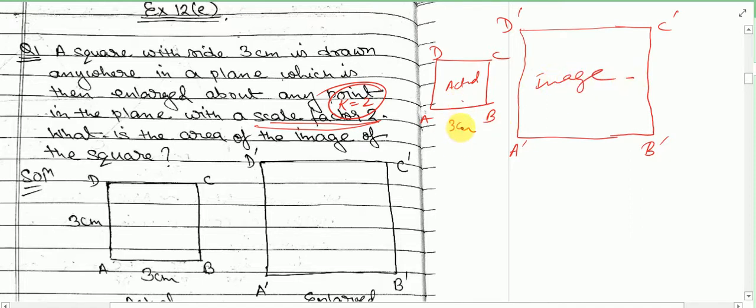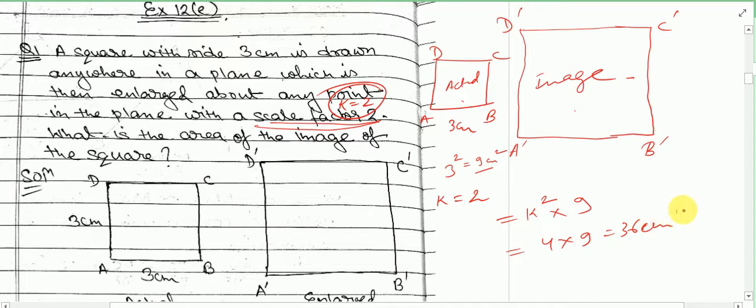Now what is the area of the actual one? 3 square, yes. So you'll get 9 centimeter square. And what is the scale factor? K, that is 2. So area of the image will be what? Area of the image will be k square times area of the actual one, yes. So what will we get? 4 into 9, that is 36 centimeter square.